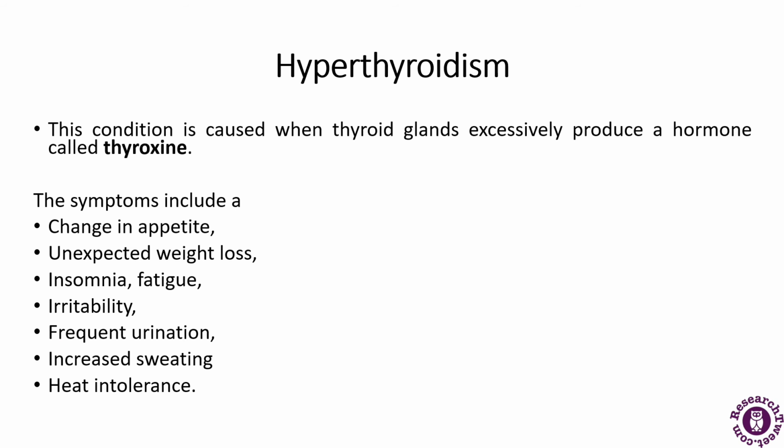Next is hyperthyroidism. This condition is caused when the thyroid gland produces excessive amounts of the thyroid hormone called thyroxine. So if the thyroid gland produces excessive T4 hormone, this is hyperthyroidism.